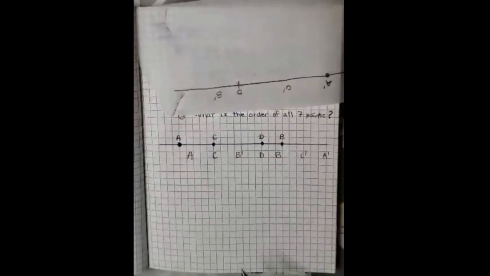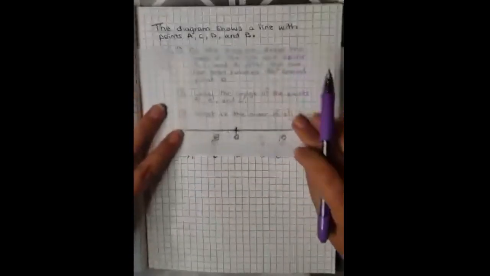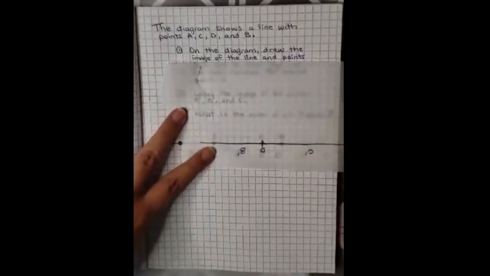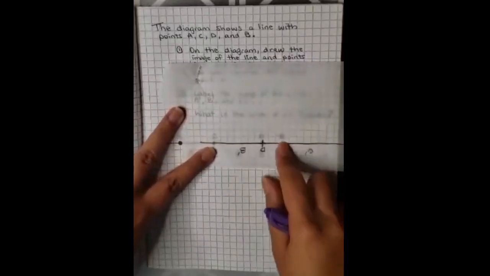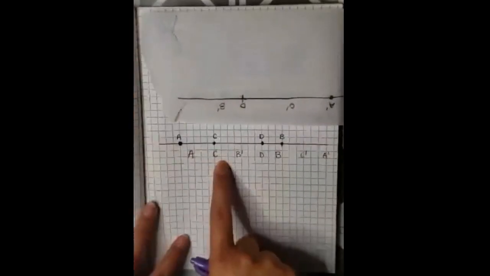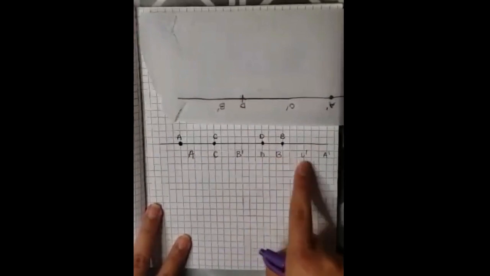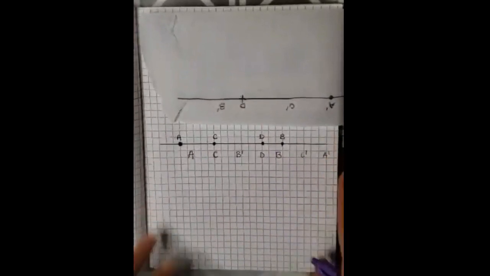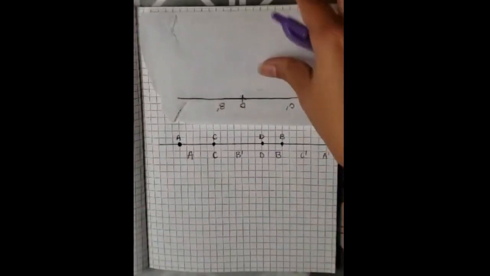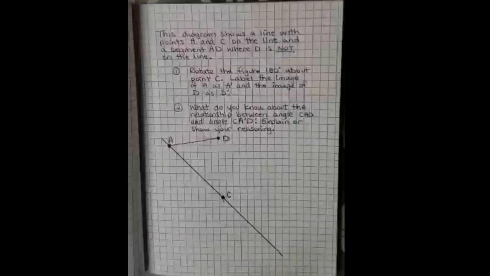So this is our new order. If I put them over each other, you can see them. This one kind of falls off the edge. But we got A, C, B prime, D, B, C prime, and A prime after a rotation of 180 degrees. Let's rotate 180 degrees one more time.